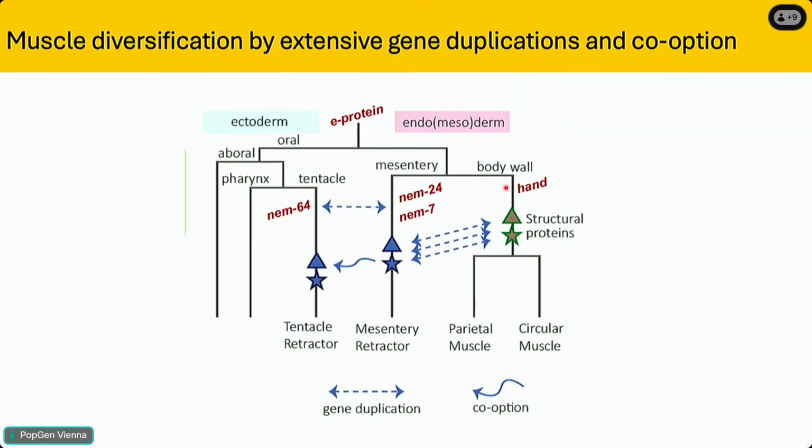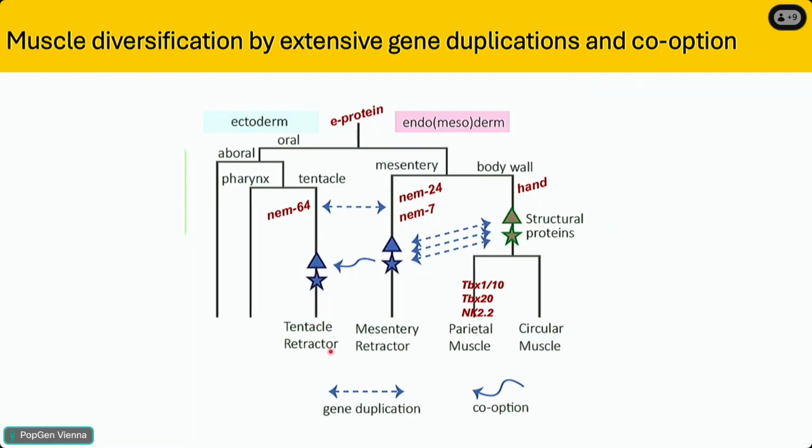What we think is happening is that these structural protein genes duplicated, all of them independently of each other, and were then recruited step by step into these different muscles, conveying the different physiologies. But there was another gene duplication of these transcription factors, or actually two, which gave rise to NEM64 being expressed in the tentacle. But since it's so similar, it was still driving the same program, so basically co-opting this structural protein program into the tentacle retractor muscle.